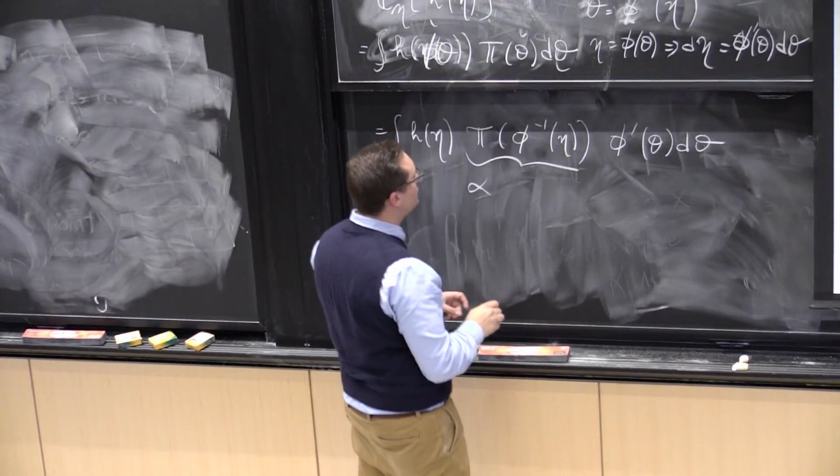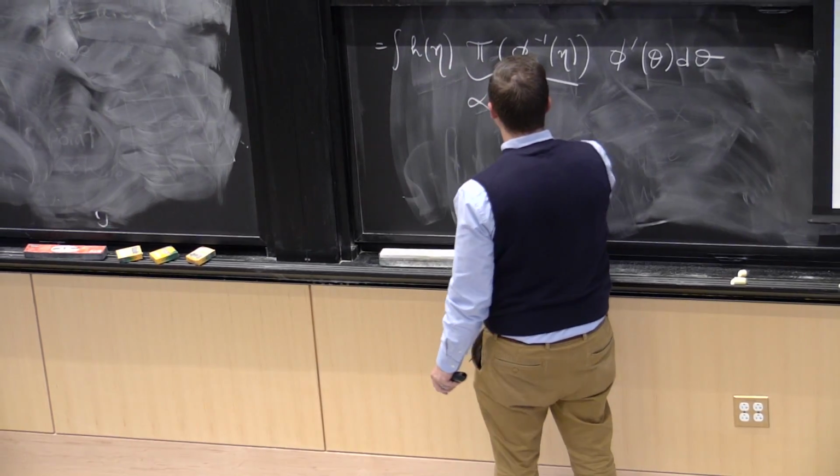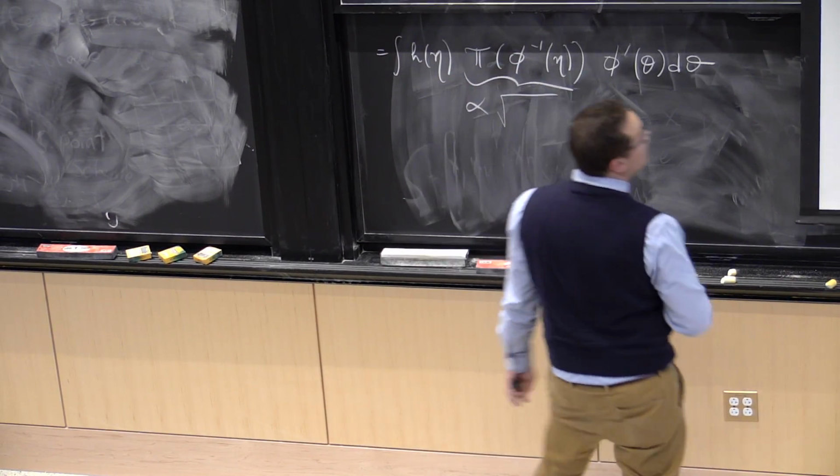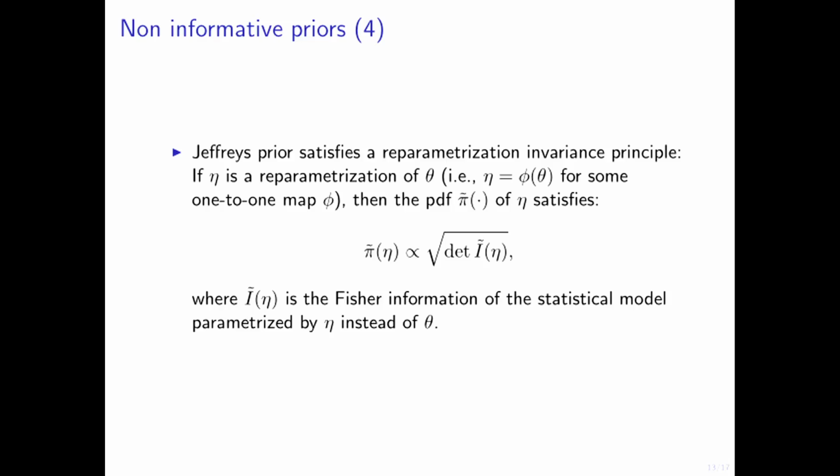So this thing is proportional. So we're in, say, dimension 1. So it's proportional to the square root of the Fisher information. And the Fisher information we know is the expectation of the square of the derivative of the log likelihood, right?